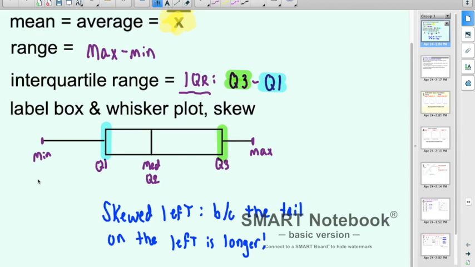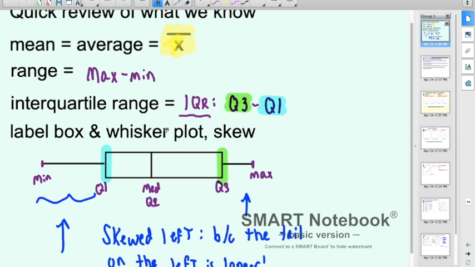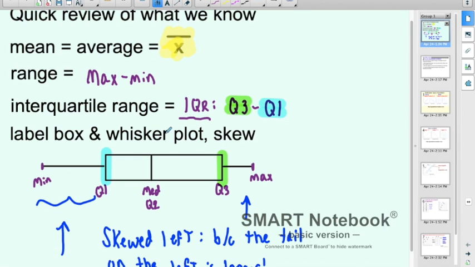Right? This side of the tail is longer than this side of the tail. Right? So this one is definitely skewed left. Okay, make sure you guys get everything down that you need, and we'll go on to the next page.